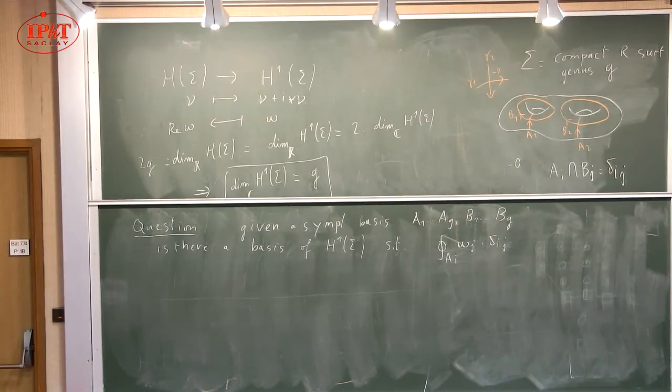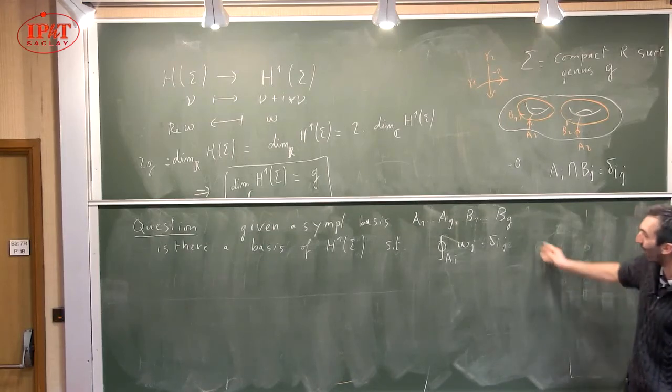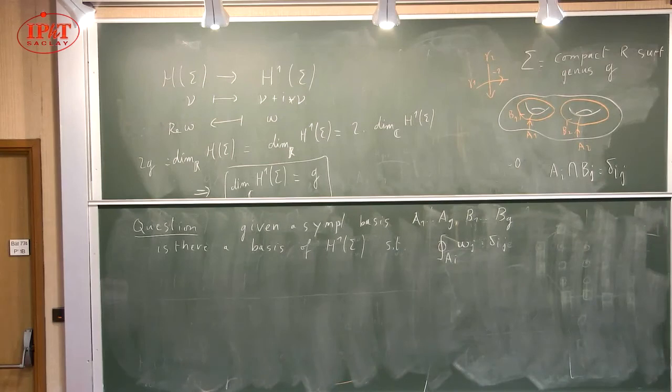This is not obvious, in fact. We had that for real harmonic forms, for a twice larger basis of cycles.